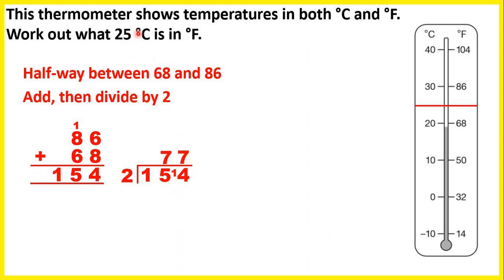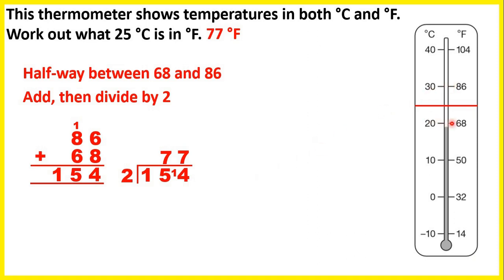So 25 degrees Celsius is the same as 77 degrees Fahrenheit. And that makes sense because 68 plus 9 is 77, and then 77 plus 9 is 86. So we have the same on both sides.